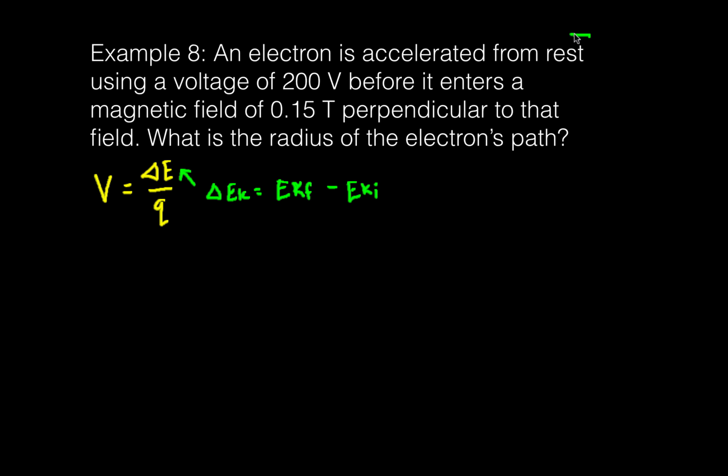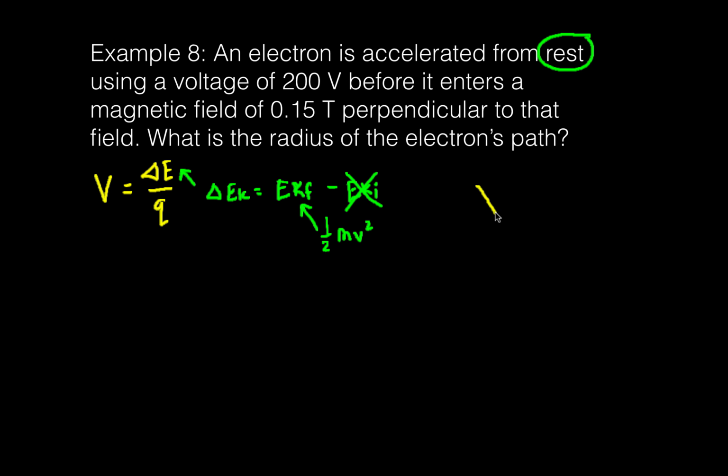Since we know that the particle started at rest, this tells us there was no Ek initial, so the change in kinetic energy is just equal to the final kinetic energy, which is 1/2 mv squared. Don't mix up the v as in velocity and the v as in voltage.